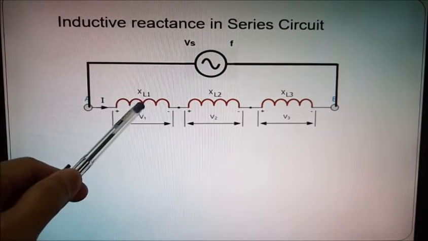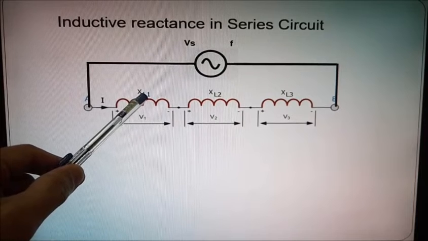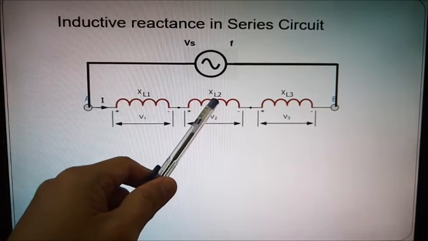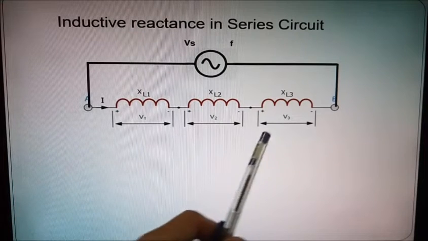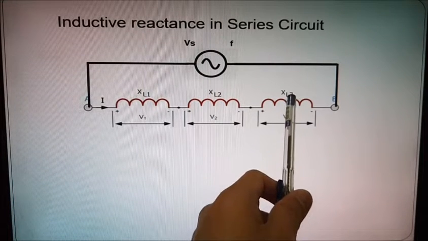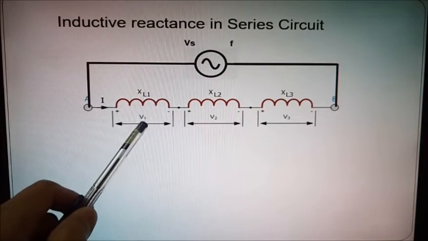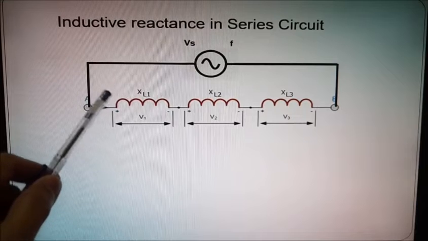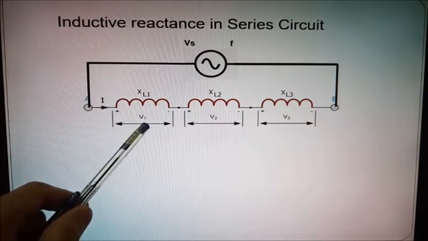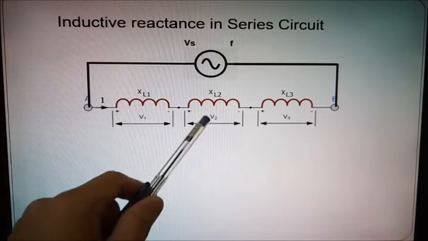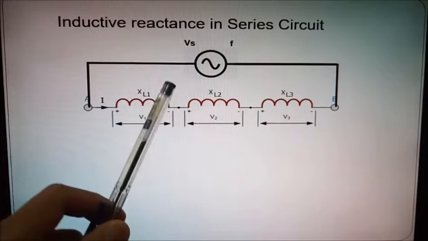We are going to get the XL of L1, the inductive reactance of L2, and the inductive reactance of L3. In this circuit, we can also compute the current and the voltage of L1, L2, and L3.